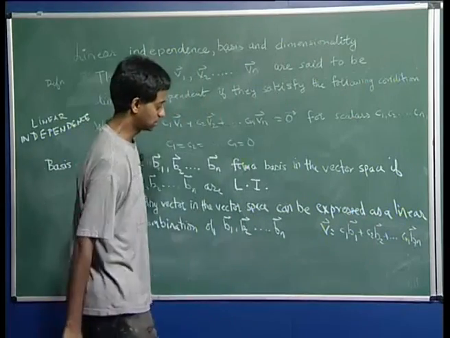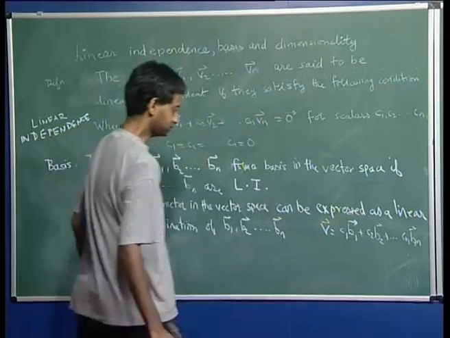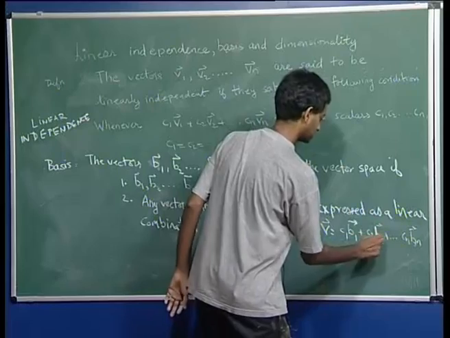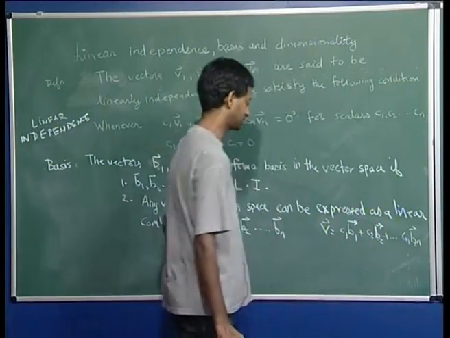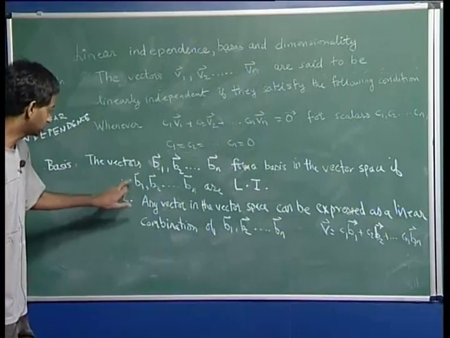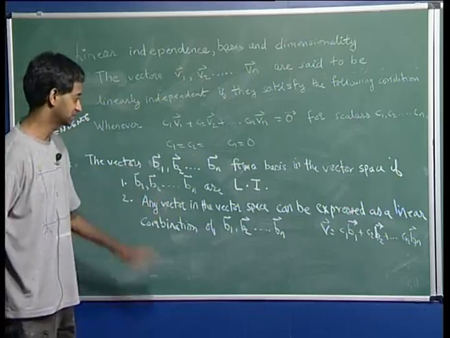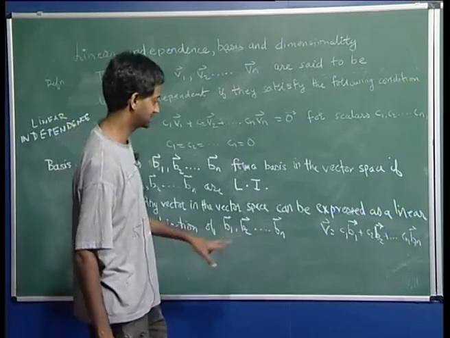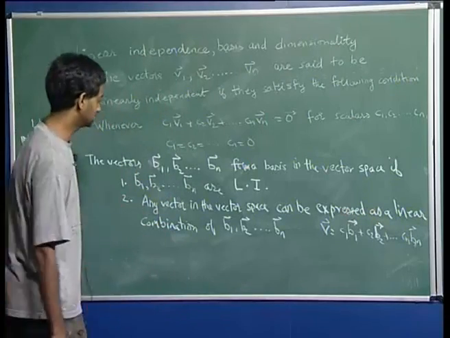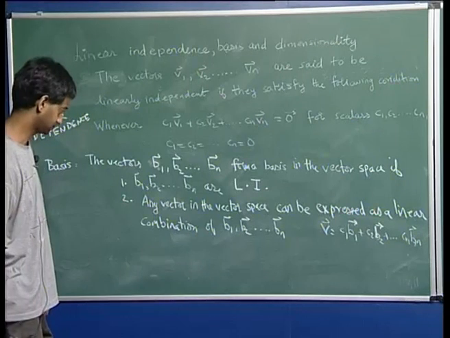Okay. If the set of vectors satisfy both these conditions, first, they should be linearly independent, and secondly, any vector in the vector space should be expressible as a linear combination of these vectors, then these vectors are said to form a basis in the vector space.